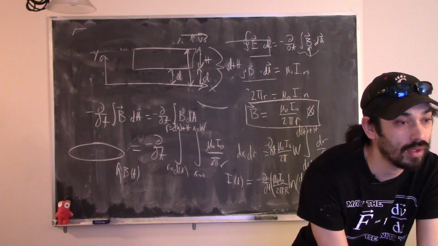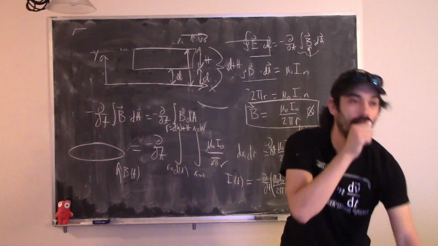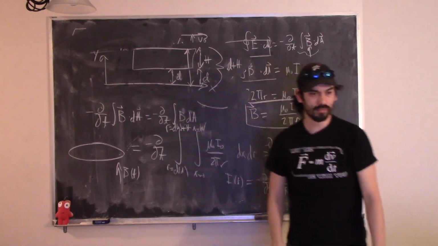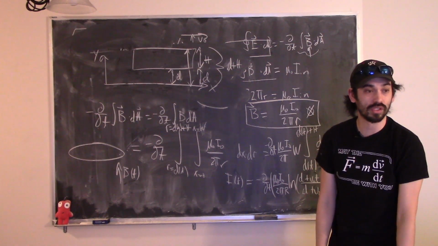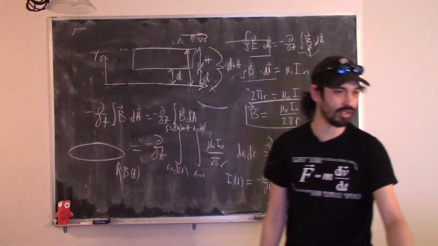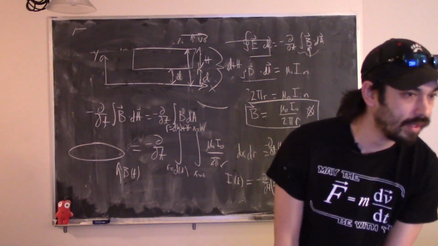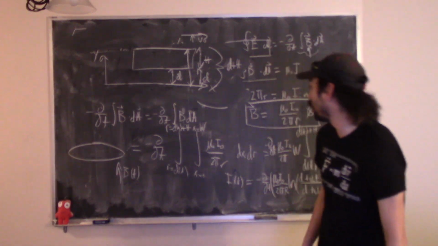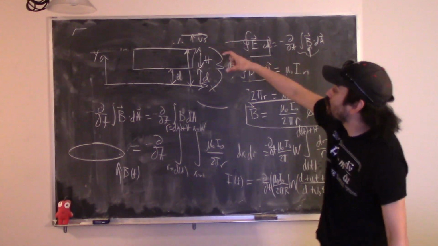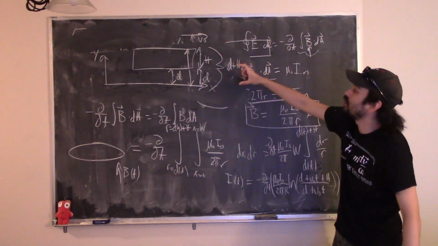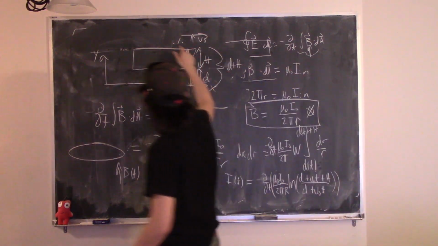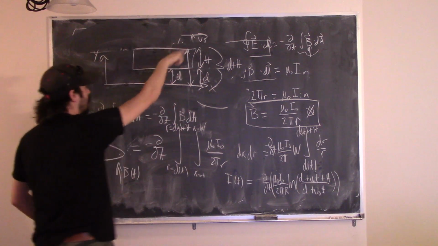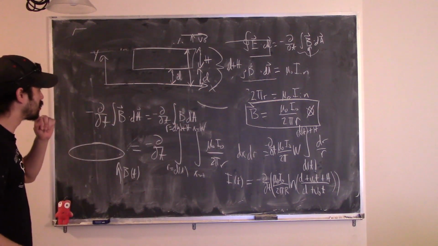Okay, so the next one, yeah, Eric also asked with regard to Lorentz Force Law, or I'm actually not sure, because Lenz's law and the Lorentz Force Law are two different things. But we could think about what direction the current should go around this loop, whether it's going to go counterclockwise or clockwise, based on Lenz's law.